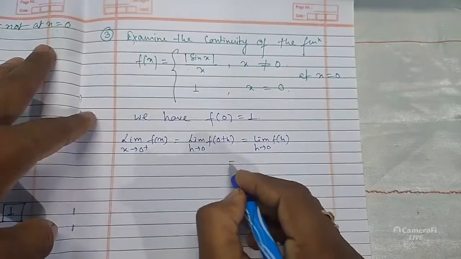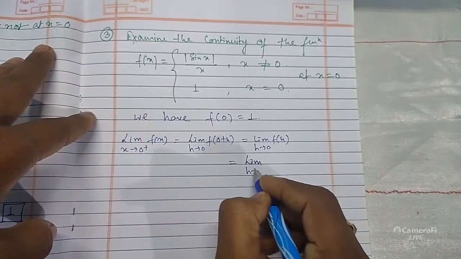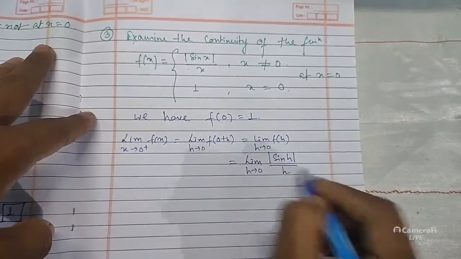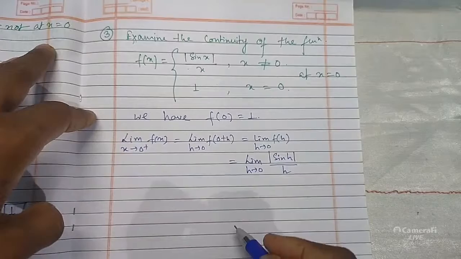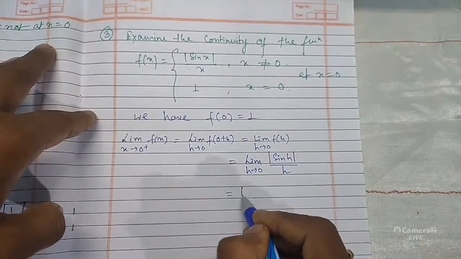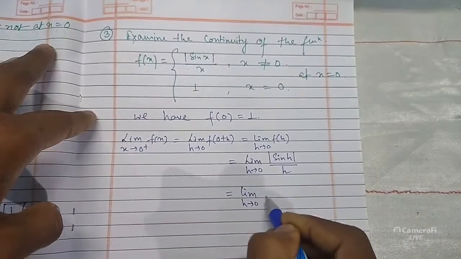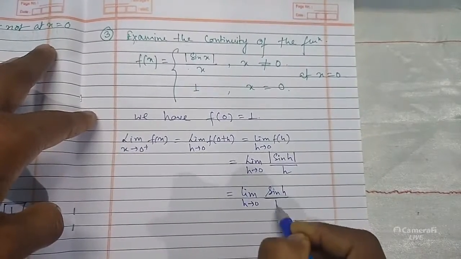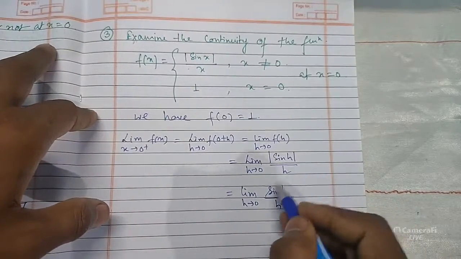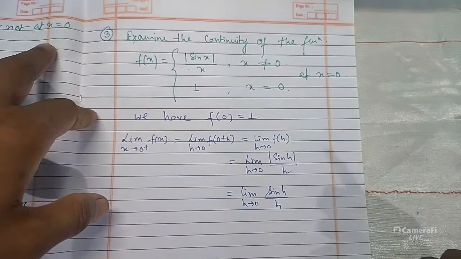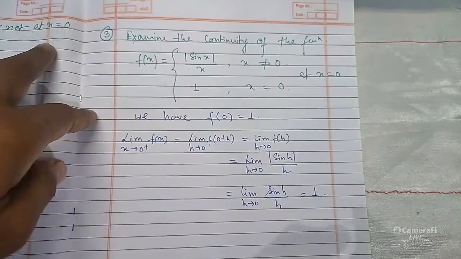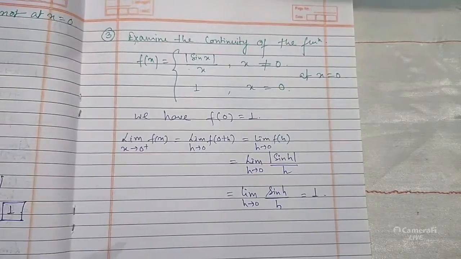So this is equal to limit h tends to 0 of mod of sin h by h. Mod of sin h means sin h simply. So limit h tends to 0 of sin h by h. And we know the formula, limit x tends to 0 of sin x by x equals 1. So limit h tends to 0 of sin h by h equals 1. This is the formula of limit.